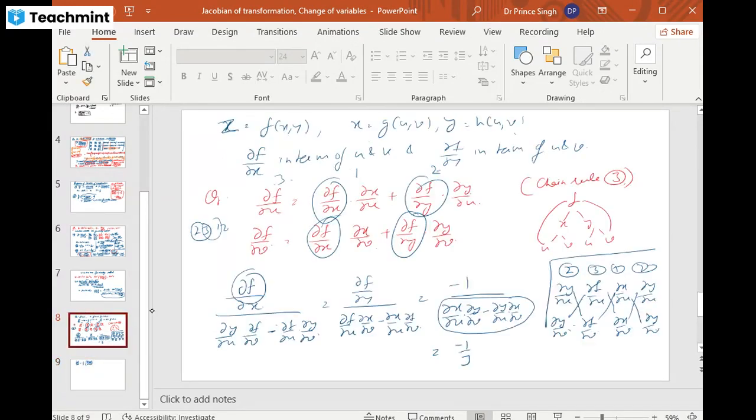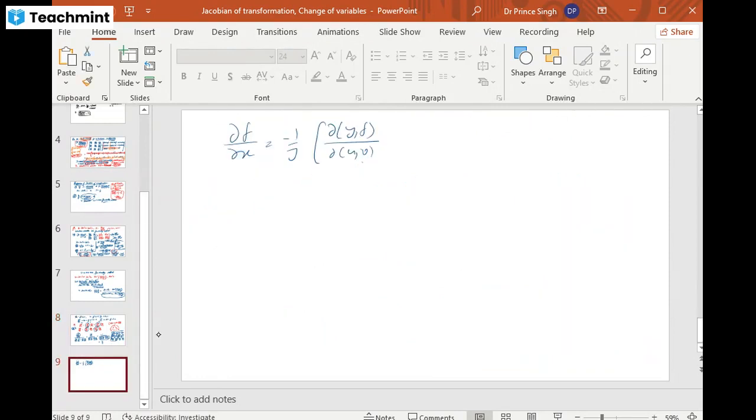As you can see here, y with respect to u, f with respect to v, then f with respect to u, y with respect to v. First, this into this, this into this. If you look at here, this is the Jacobian of yf with respect to uv. Okay, and this is the Jacobian of fx with respect to uv.